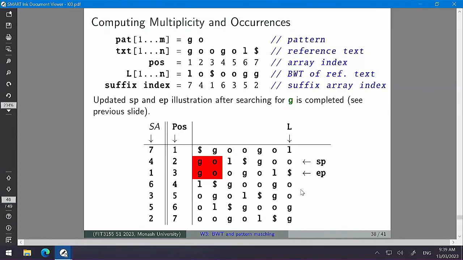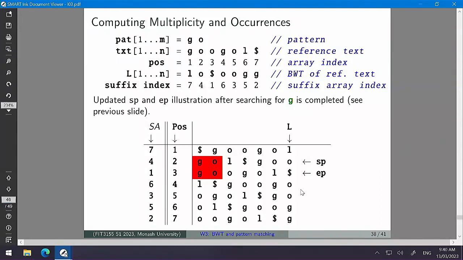You would end up getting a scenario where your end point becomes less than your start point. The moment the end point becomes less than the start point, you know that you have not found any occurrence. You can stop while you're recovering. So when you find that the end point becomes less than the start point, you can stop your algorithm, saying that I haven't found it.